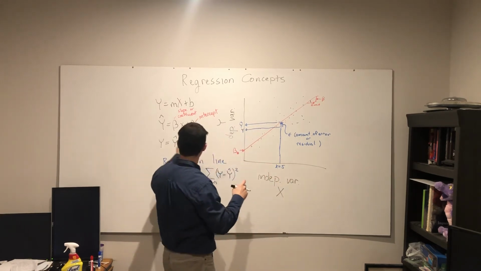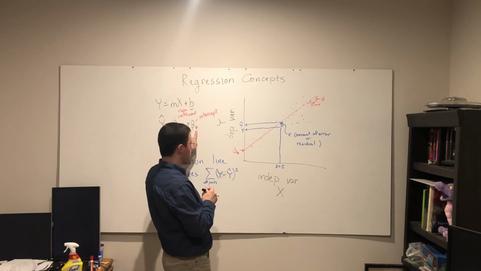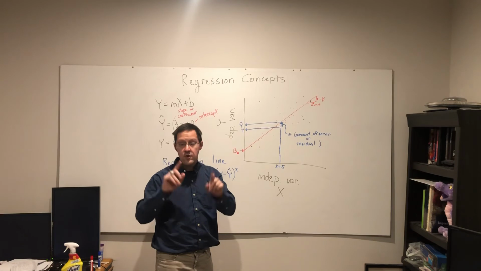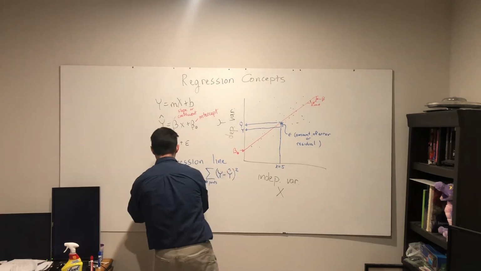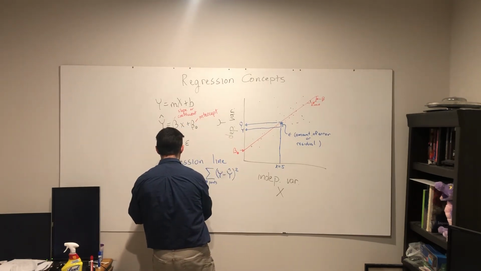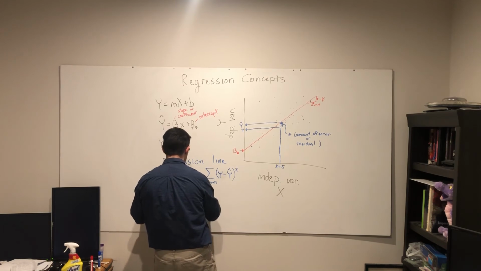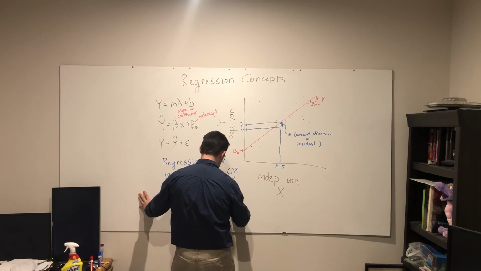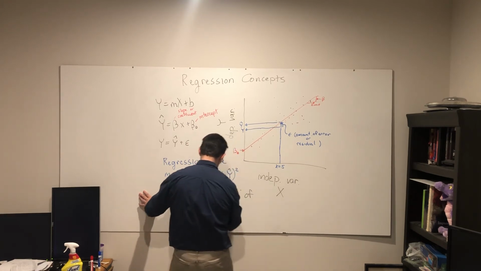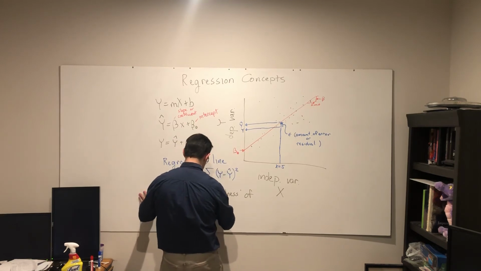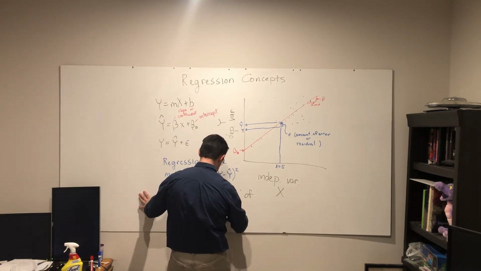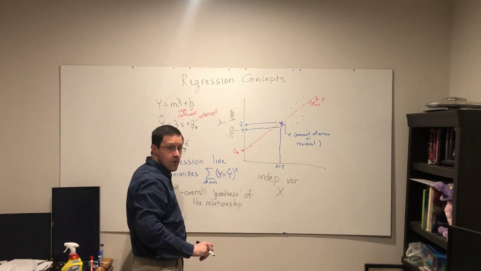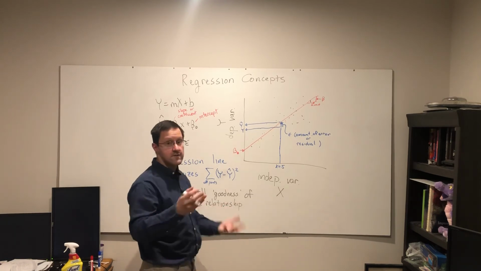We get this beta, we get our intercept, and we get one more piece of output called R squared, which we can say is the overall goodness, so to speak, of the relationship.